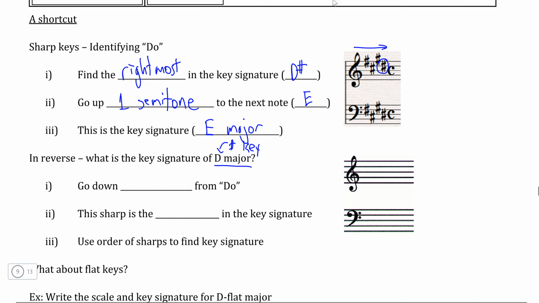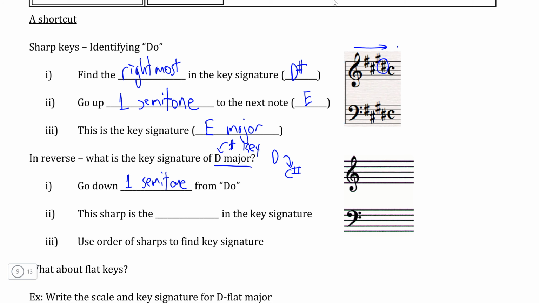So if we simply reverse the directions from the previous shortcut, we can go down one semitone from the starting note of the scale, which is D. If we go down one semitone, the black key in between D and C is called C sharp.